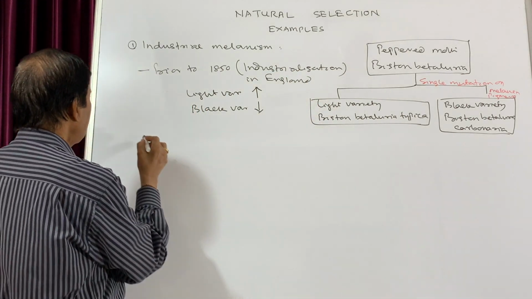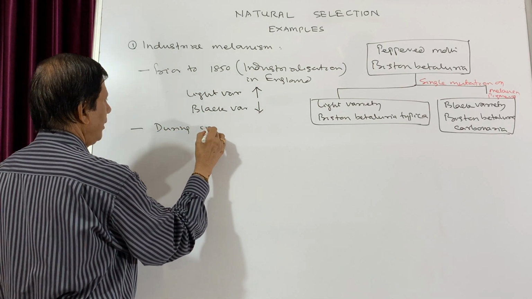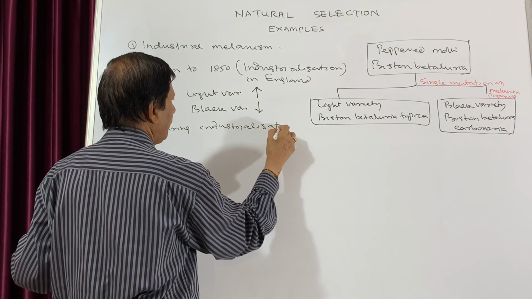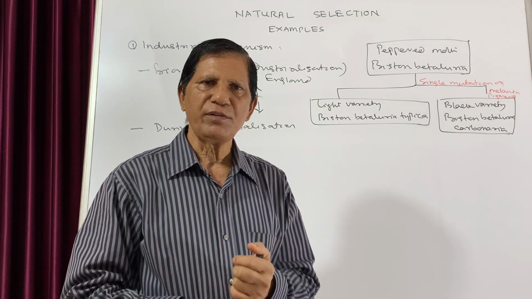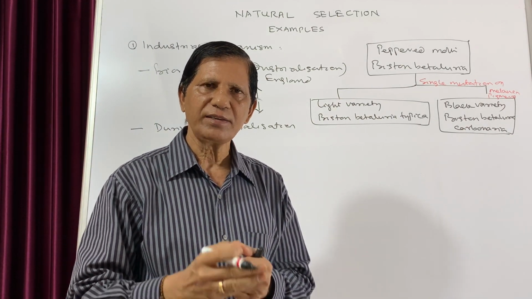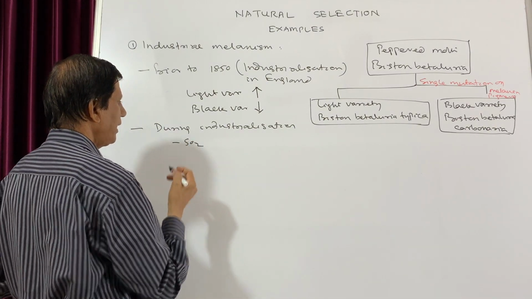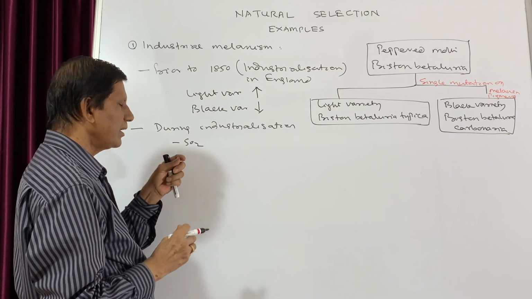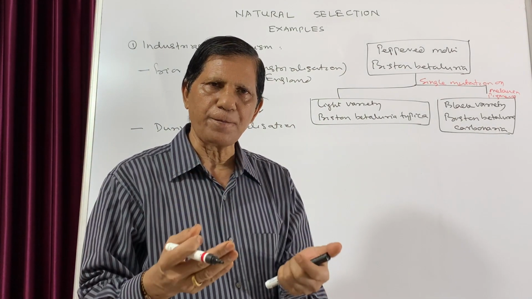Then what happened during industrialization? Coal was burnt in the different factories and sulfur dioxide was released, along with smoke.